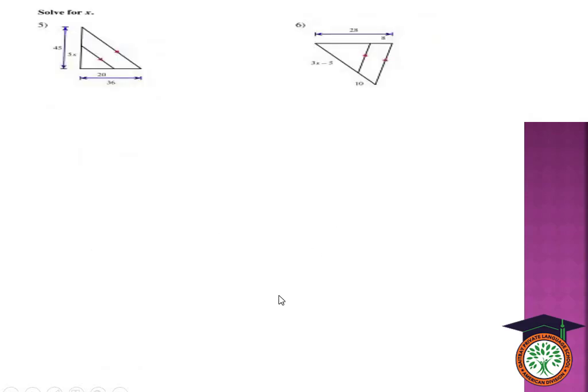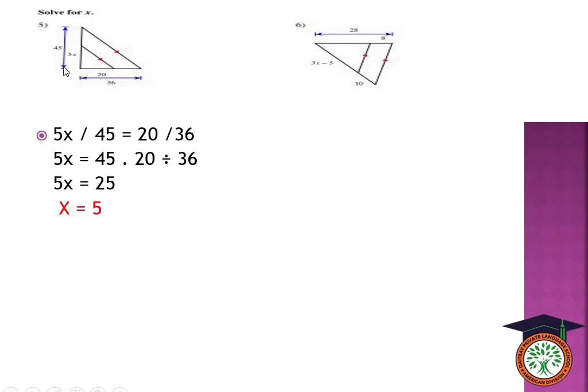The last two examples. Also here we have the same shape for our theorem, triangle and a parallelism here. And we know that the sides will be proportional. So let's see the first ratio of the first two sides. Very good. 5x over 45. Also you can start with 45 over 5x. Correct. But as you start with the small part in the first ratio, you must start with the small part on the second one.